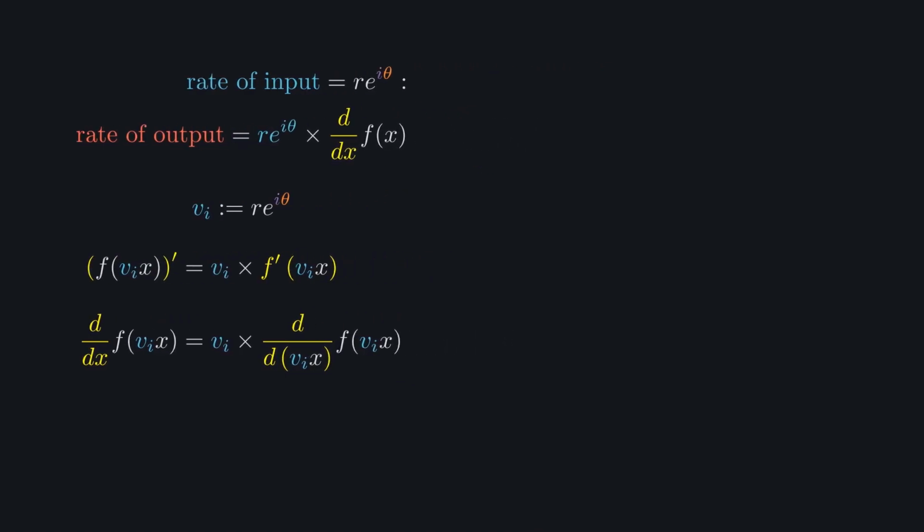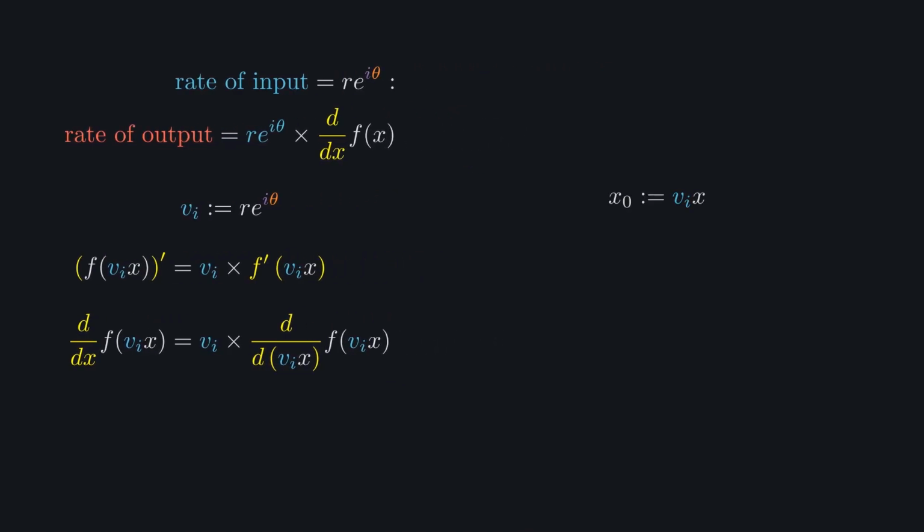To fix that, we're going to declare another variable, we'll call it x sub 0, and set it equal to v sub I times x. That is the input point at which we are evaluating the derivative. And now we substitute that into the Leibniz form equality, but only on the right-hand side.